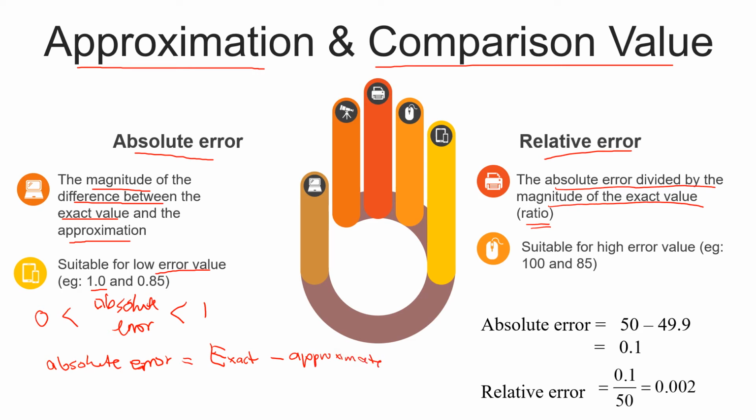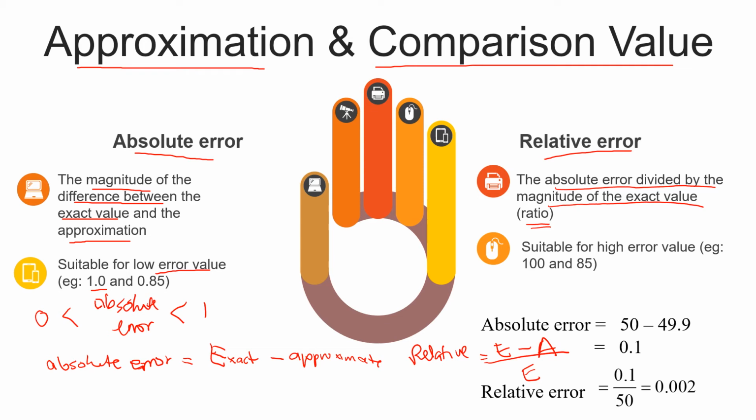So bila dia pergi kepada relative, kalau relative pula, tadi yang absolute ni tadi tu, exact tolak approximate bahagi dengan exact. Okay, so ini dipanggil sebagai relative error.